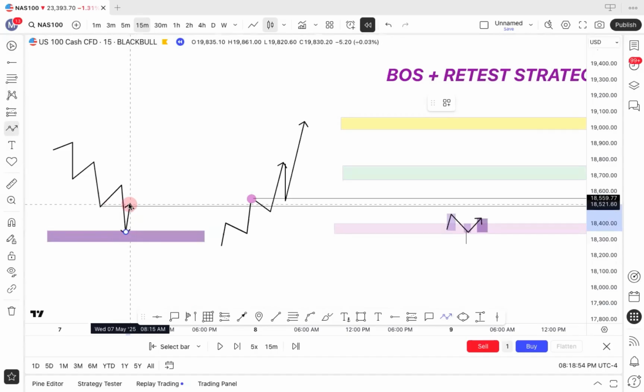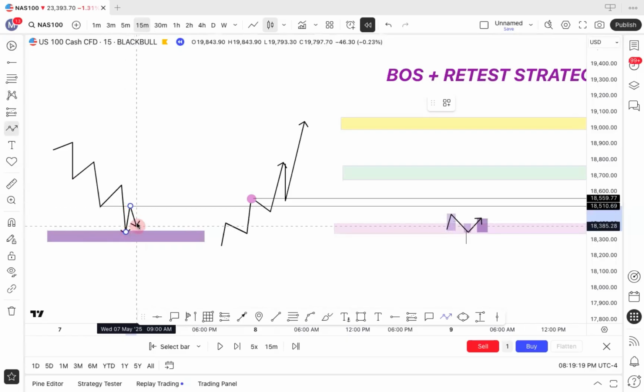If we test this level, guys, right, and we don't break it, we know we are going to what? Usually retrace, because lows in a bearish market is where price loves to create a lower high, right? So if we create a lower high, guys, you guys know because you've watched my other videos, we have to be paying attention to this low.